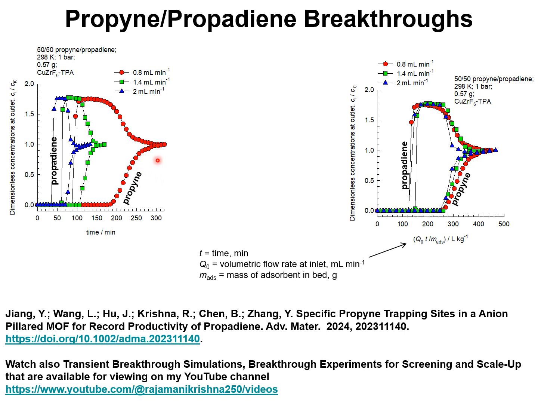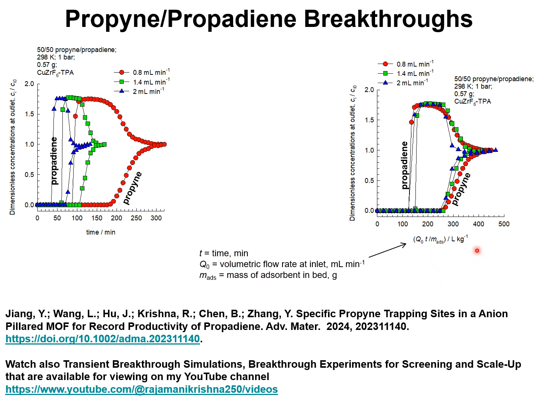In order to test the consistency of the data, I plot the dimensionless concentration at the exit versus a modified time parameter, Q0 times t divided by m_ads, where Q0 is the flow rate of the gas mixture at the inlet, expressed in units of milliliters per minute, m_ads is the mass of adsorbent in the bed in grams, and t is the time in minutes.